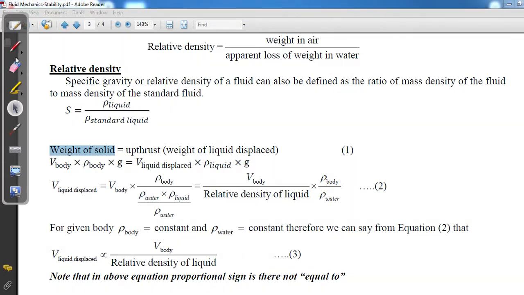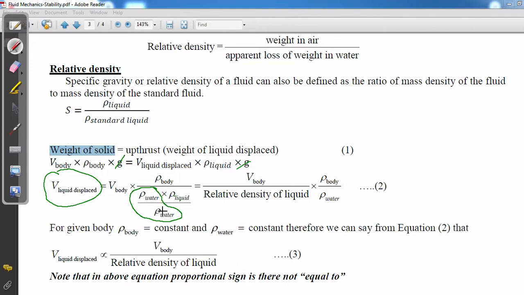Now we are just rearranging this term. We are keeping volume of liquid displaced on one side of the equation and all the other components on the other side. So V of liquid will be divided here. Rho of body is there, rho g will be cancelled, so no need to worry about that. Here we are multiplying and dividing by rho of water.